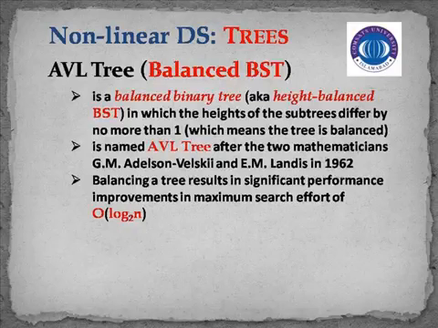The AVL tree is named after the two mathematicians G.M. Adelson-Welsky and E.M. Landis in 1962. Balancing a tree results in significant performance improvements in maximum search effort of big O of log n.